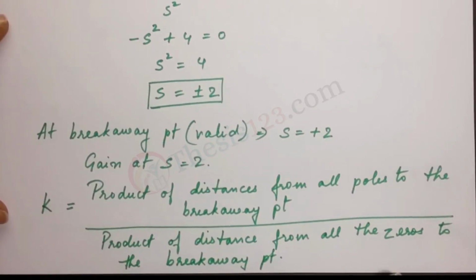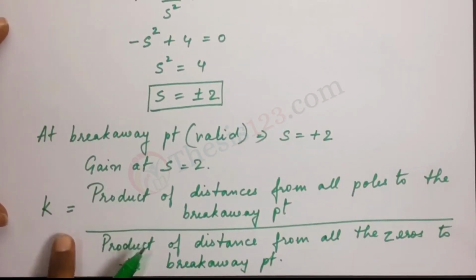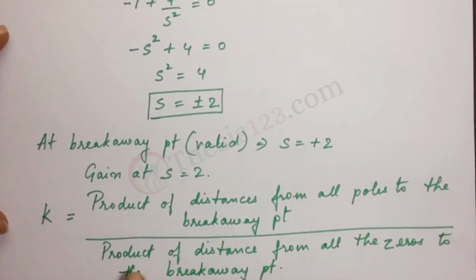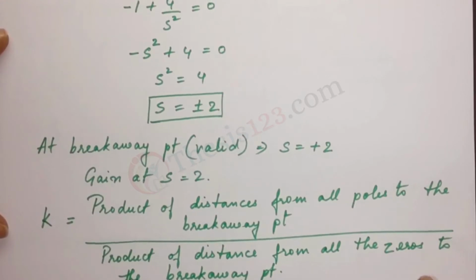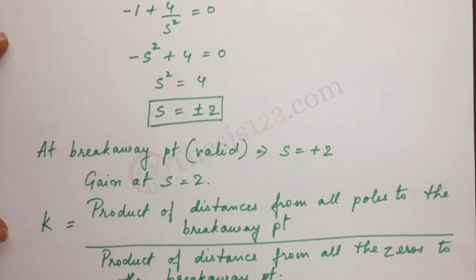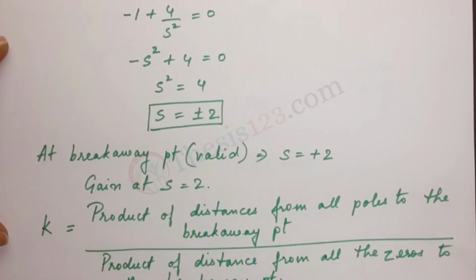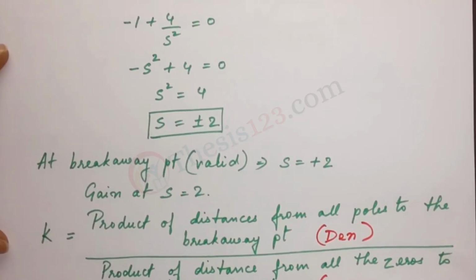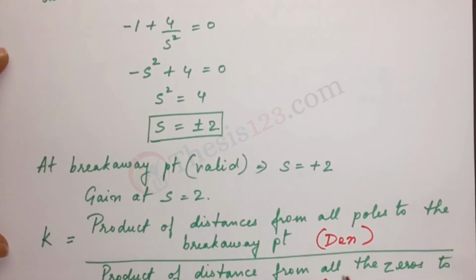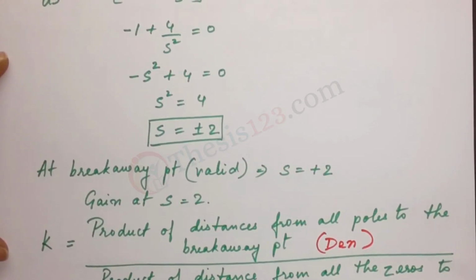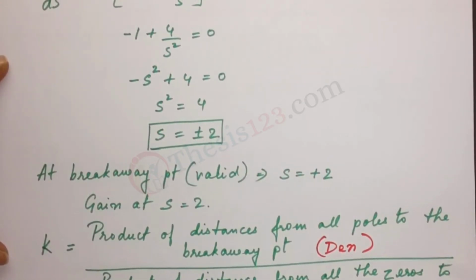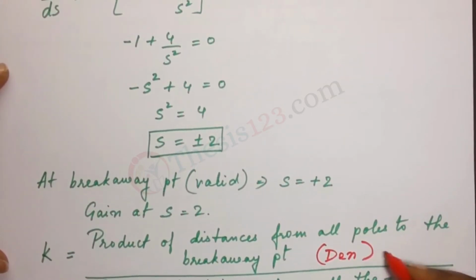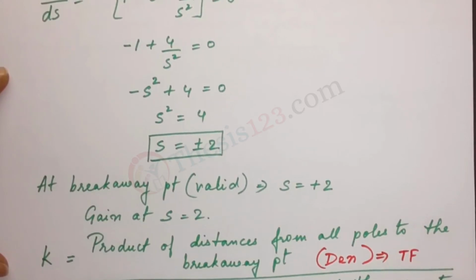Okay, now this is a ratio that you will have to remember. K is equal to the product of distances from all poles to the breakaway point divided by the product of distances from all the zeros to the breakaway point. Now, if you need a clue to remember this, the product of distances from all the poles corresponds to the denominator, and the zeros to the numerator, of the transfer function given to us.